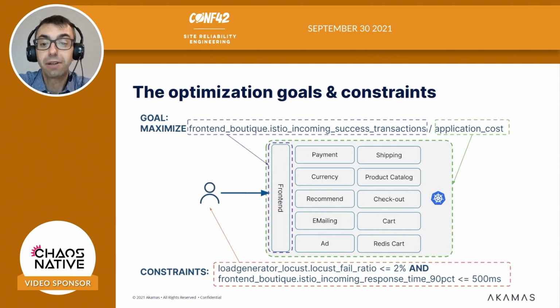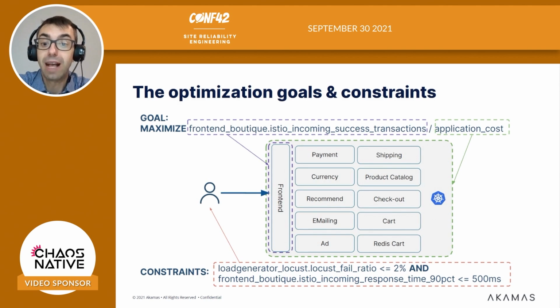The machine learning algorithm that we have implemented at Akamas also allows us to set constraints on which configurations are acceptable. In this case, we state that configurations should have a maximum 90th percentile latency of 500 milliseconds and an error rate lower than 2%. That is it. At this point, the machine learning-based optimization can run automatically while we are relaxing or doing some other important stuff.